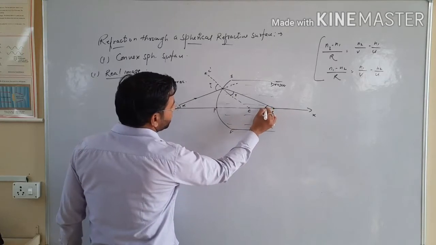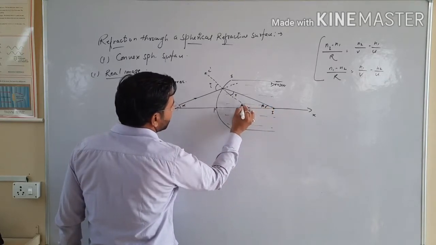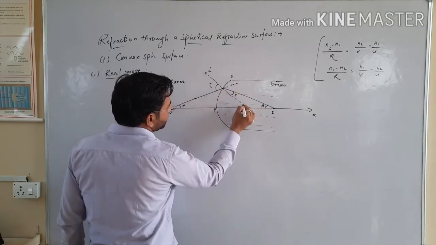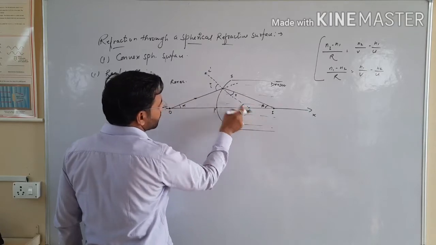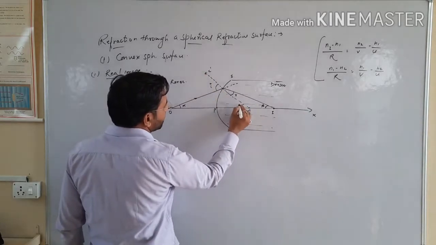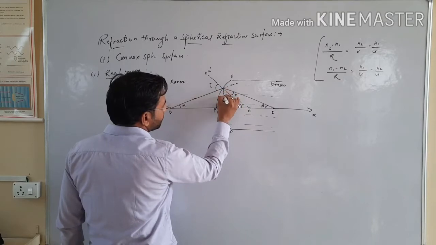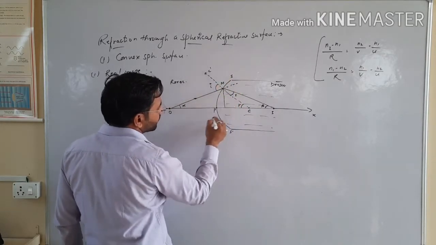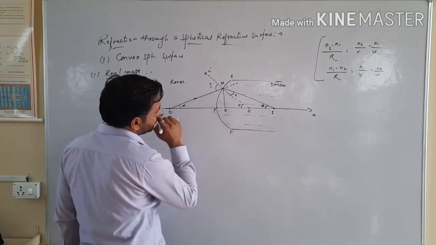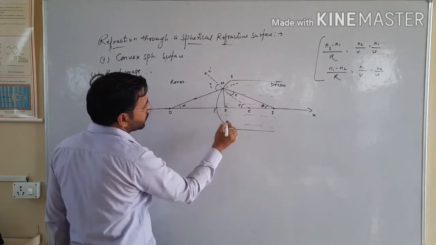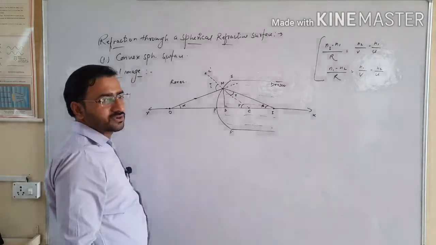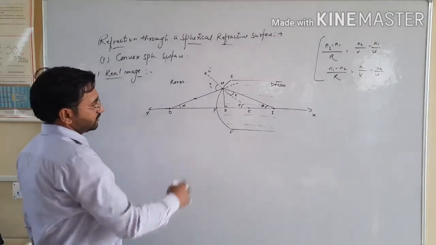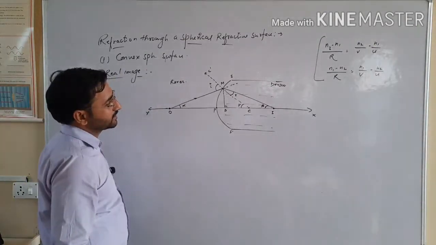Beta is the angle made by the image, and gamma is the angle made by the perpendicular with the horizontal axis. I will draw a normal from this point, M, and MD is the normal on the principal axis.